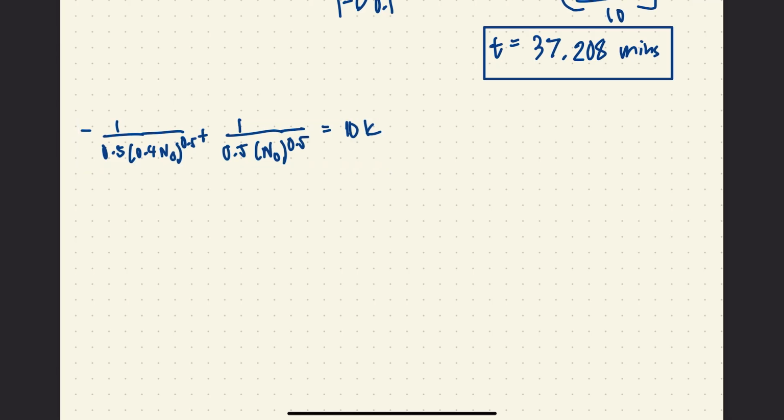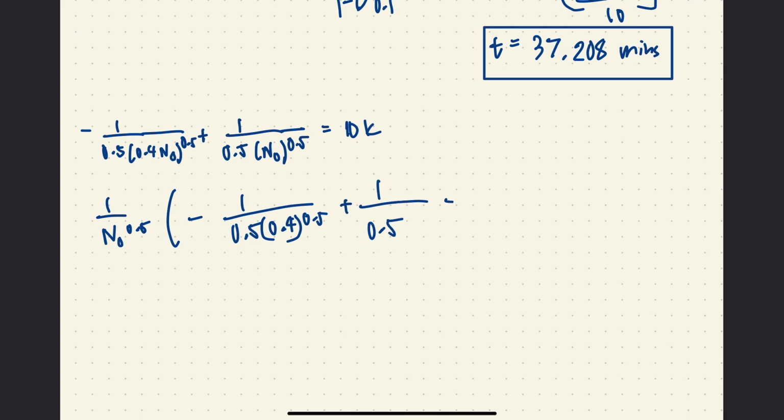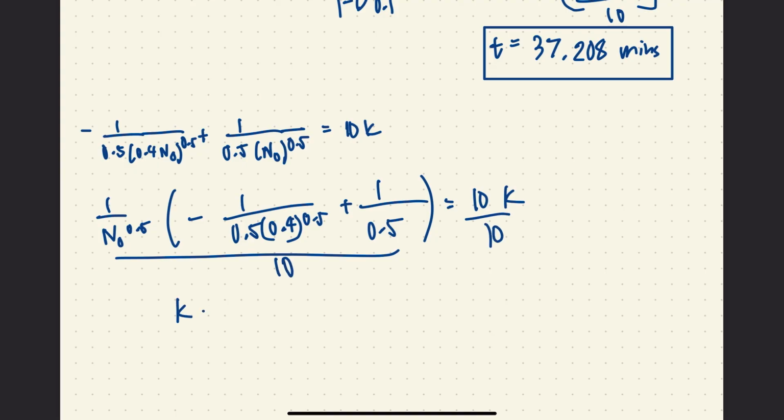This becomes 1 over n0 raised to 0.5 times 1 over 0.5 times 0.4 raised to 0.5 plus 1 over 0.5 is equal to 10k. We can simply divide both sides by 10, so you'll get k, and you still have n0. So this is your first equation.